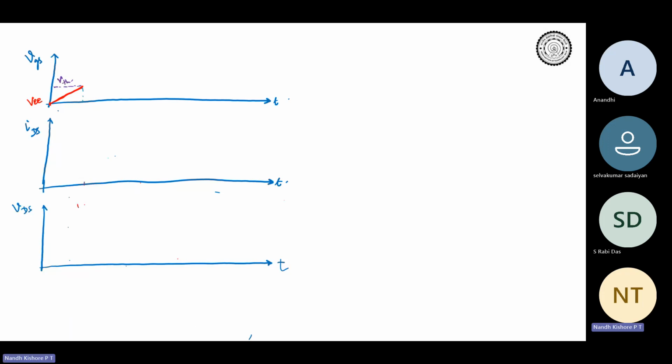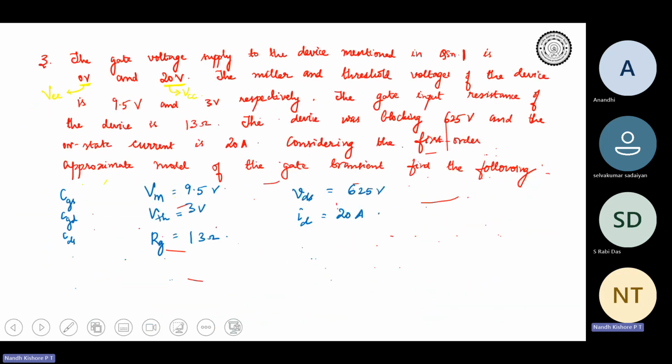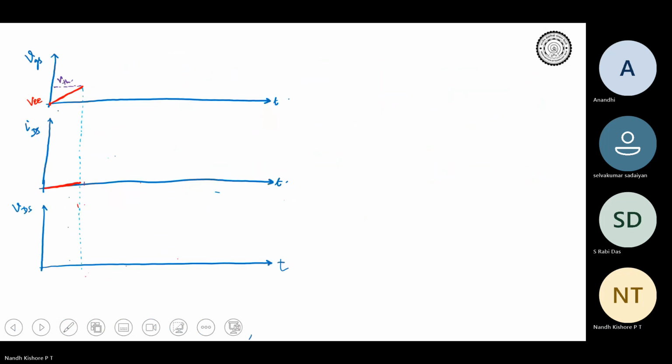Until the device hits the threshold voltage, there cannot be any current at all, so the current is zero till this point. And we saw that the voltage blocking was around 625 volts in the problem. So the device was blocking 625 volts until the device hits the threshold.